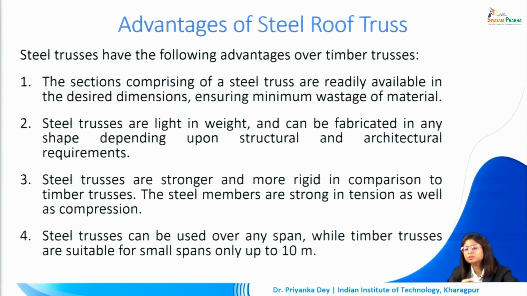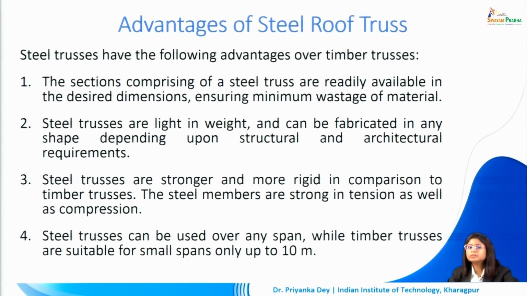So the restrictions will be more in case of dealing with a timber truss. Steel trusses are of course stronger, they are more rigid in comparison to the timber trusses, and the steel members are strong in tension as well as compression, whereas in case of timber it would be good at taking compression, but for tension steel would be preferable.